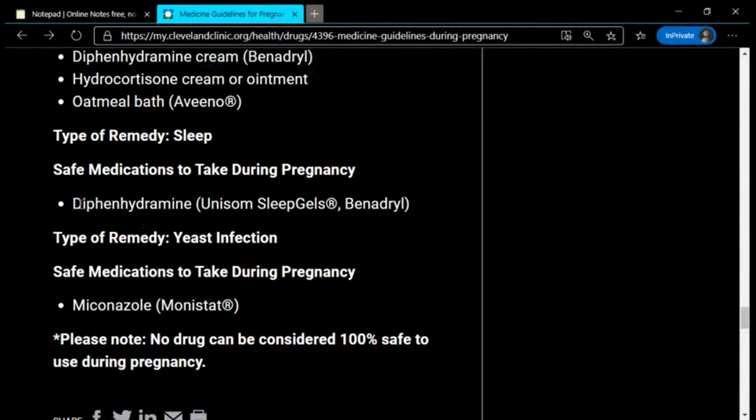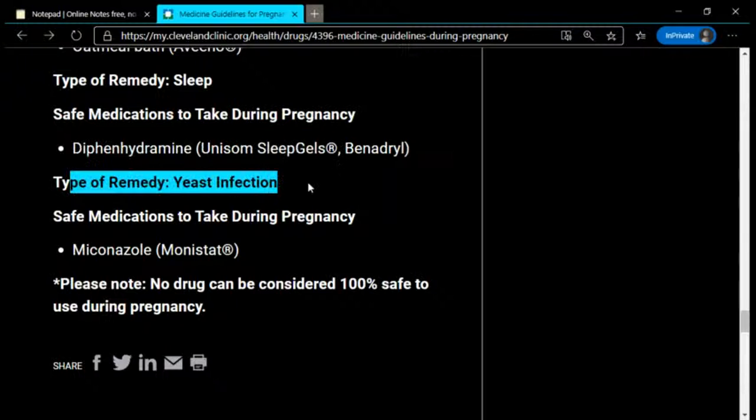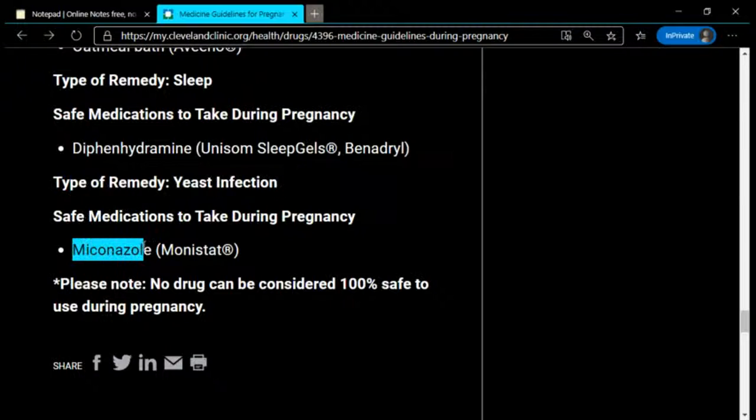For sleeping, there is also a remedy called diphenhydramine, Unisom sleep gels. Type of remedy for yeast infection, safe medication for pregnancy, we have miconazole.